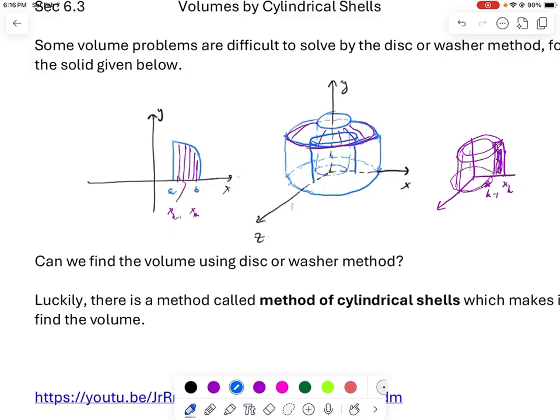What will be the height? The height will be the function f of x.